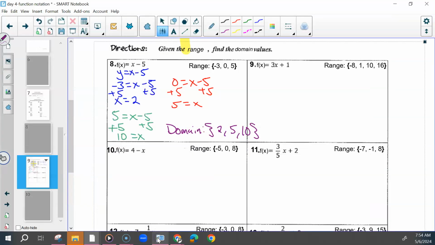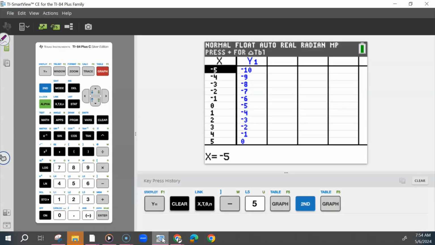I put something wrong. Oh, not when y is okay. When y is negative 3, when y is 0, and when y is 5. So 2, 5.